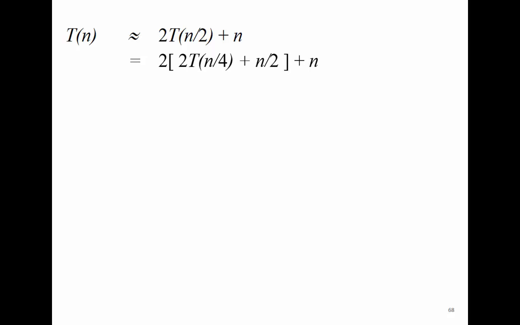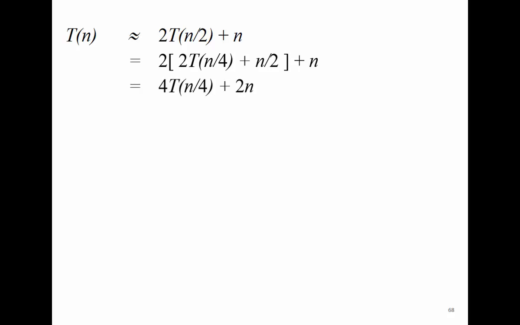Then we start doing the iteration. This is a process of substitution. If you start with an array of size n over 2, then what will the next iteration be? N over 2, you're going to divide it into 2 subarrays, n over 4, n over 4. The time complexity to merge sort n over 2 is actually 2 times the time complexity of n over 4 plus, if you have 2 arrays of n over 4 and you need to merge them together, you need n over 2 time.